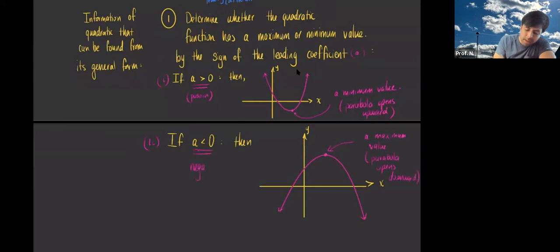So just by looking at the a value, I'm able to determine whether a graph opens upward or downward. If it opens upward, then I have a minimum. If it opens downward, I have a maximum. So that was the first thing I can find.